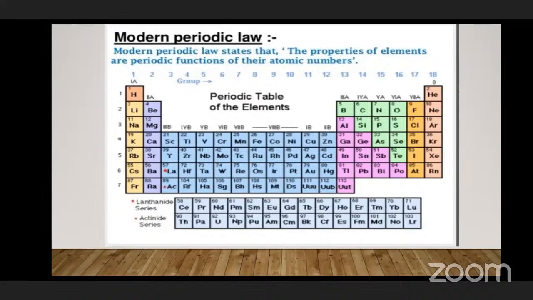So from potassium 19 to krypton 36, if we count, we get 18 elements. Those 10 extra elements are added in the middle of the periodic table, which is in blue color, from scandium to zinc.